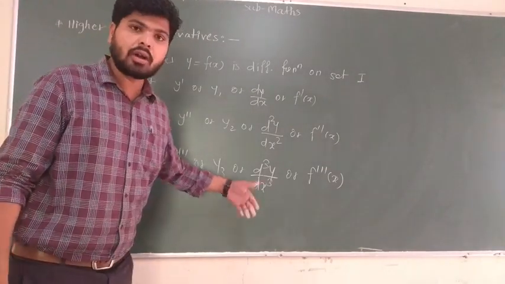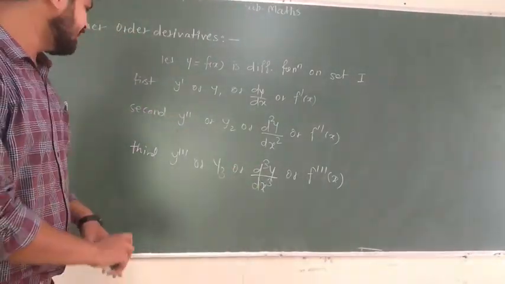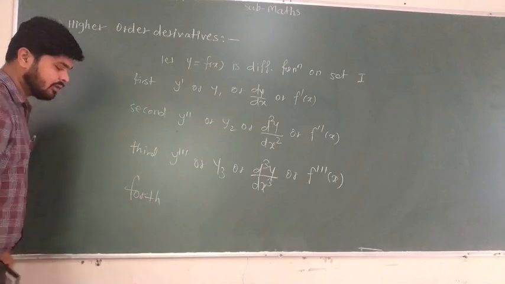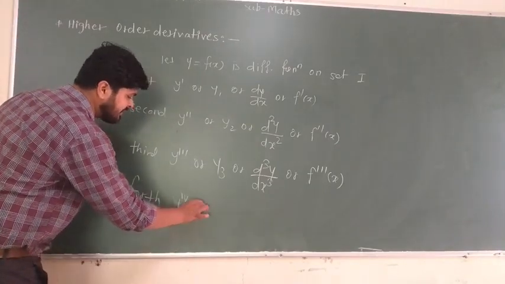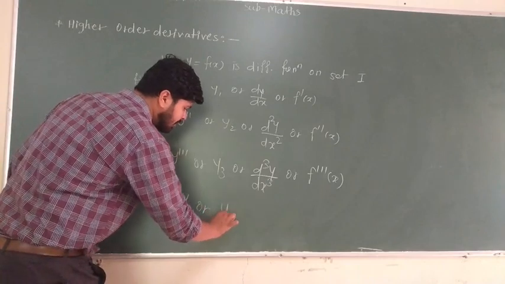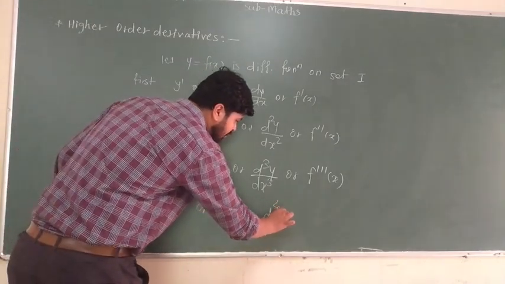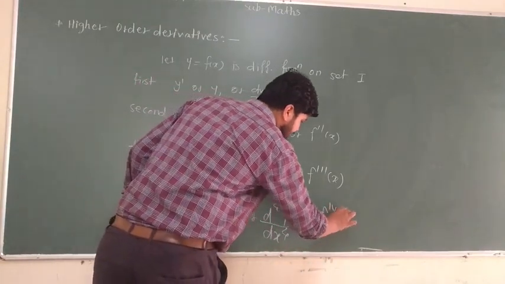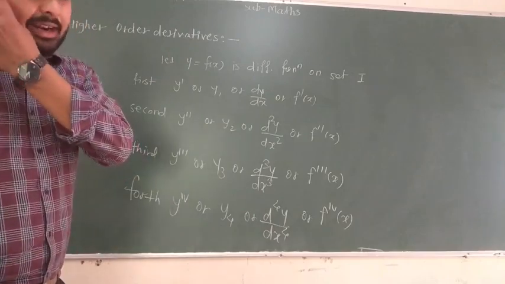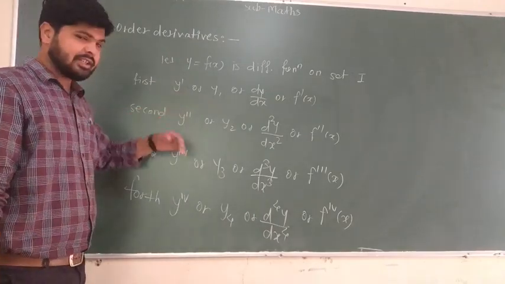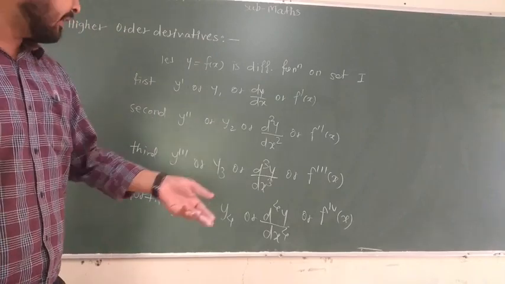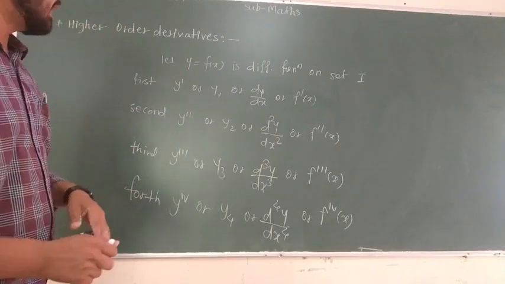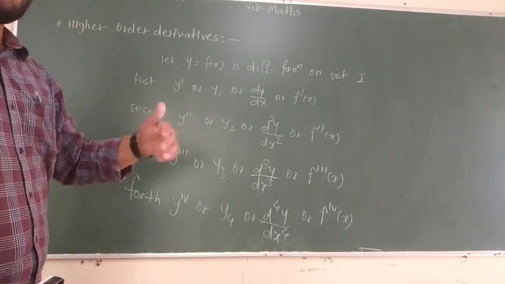Now if this third order derivative is again differentiable, then you can find the fourth order derivative, denoted by y4 or d4y by dx raised to 4 or f4 dash of x. So this is a chain-like structure. If the functions are differentiable, then you can find further derivatives of the given function, and you can do this process up to the nth order, up to any order.